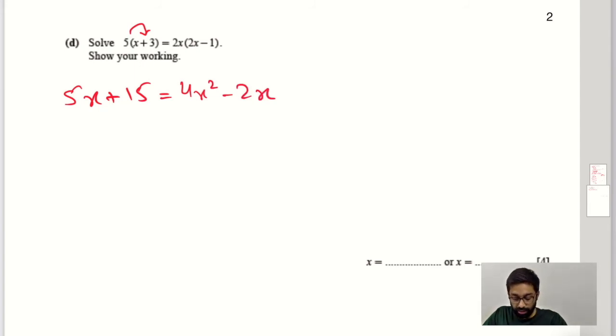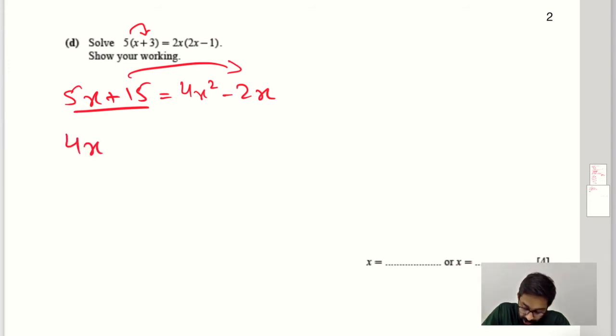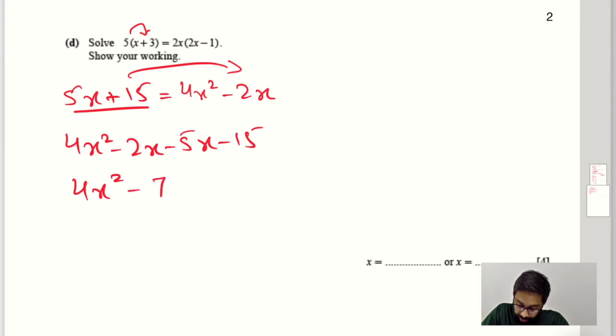Okay, now since I have simplified this, I need to bring everything on one side of the equal sign. So I take this to the right so that x square remains positive. So eventually I get 4x square minus 2x minus 5x minus 15. So I get 4x square minus 7x minus 15.